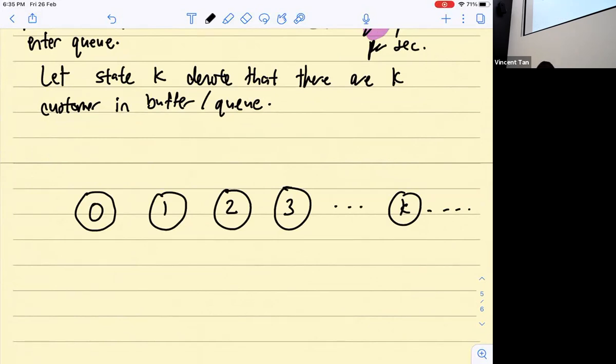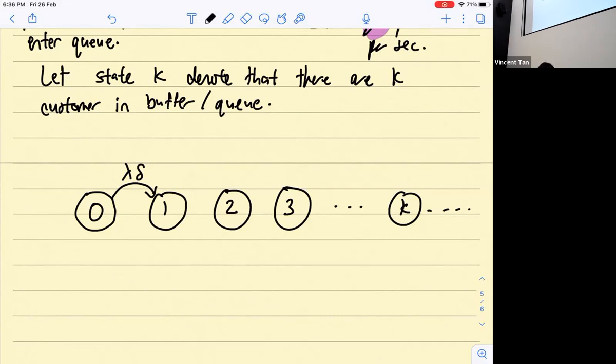Okay. So if you have no people in the queue at this point in time, what is the probability that you will have 1 person in the queue? Lambda delta. Let's say that we are working with a small time interval delta. As you know, for Poisson processes, the probability that 1 person arrives is lambda delta.